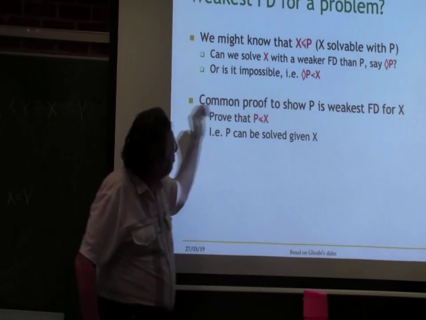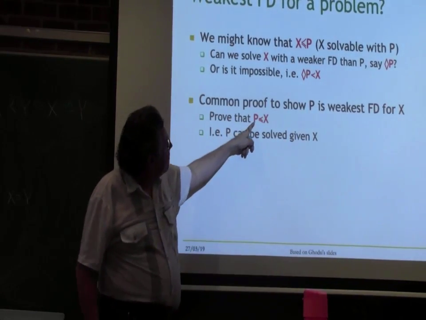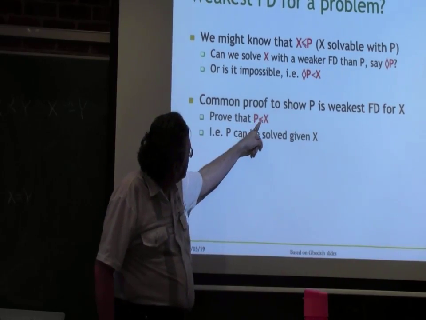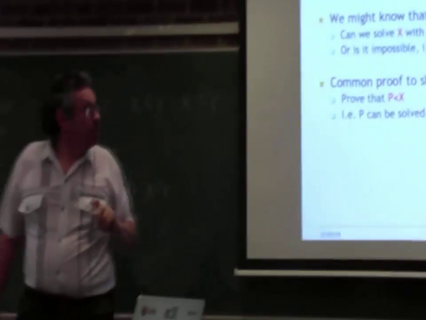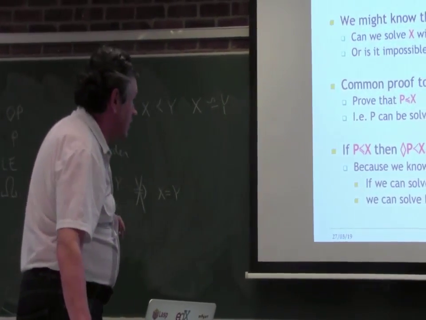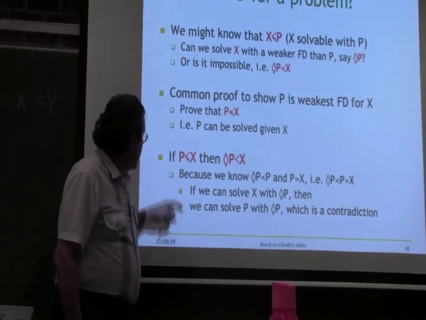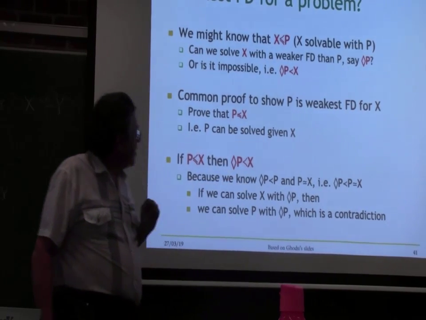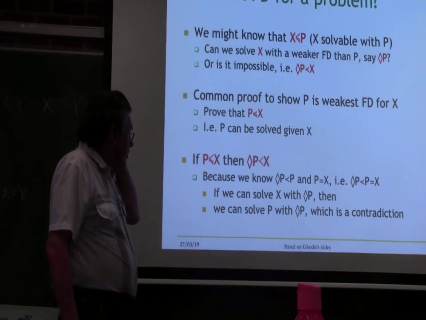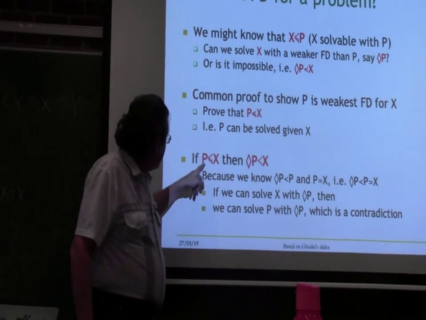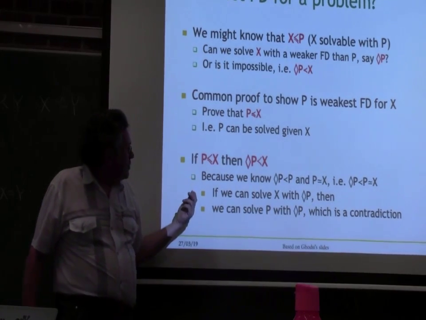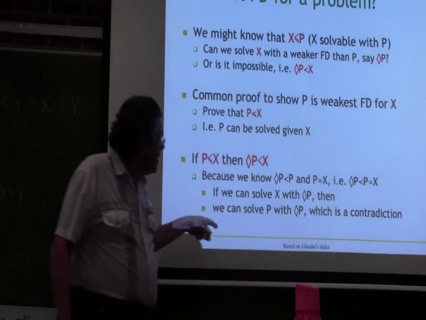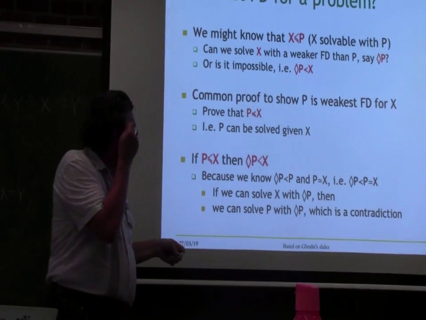Let's say we want to prove that P is the weakest failure detector for solving X. Now if we prove that P is reducible to X, that means we can use X to solve P. If P is reducible to X, we also know that eventually P is strictly weaker than X. So if we were able to solve X with a weaker failure detector, then we could solve P with eventually P. That's not possible.